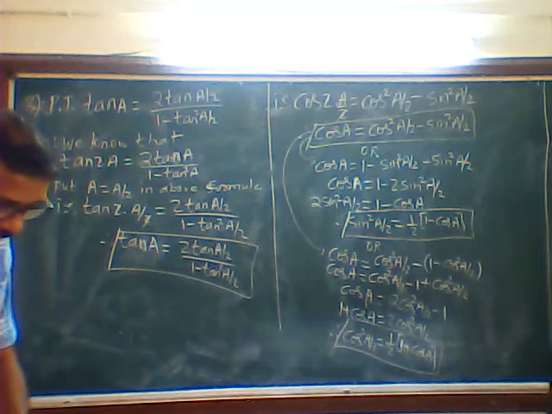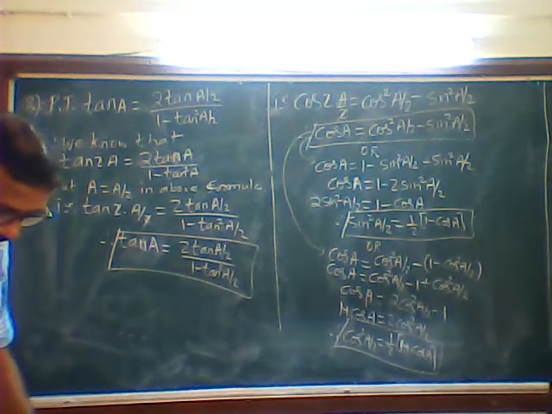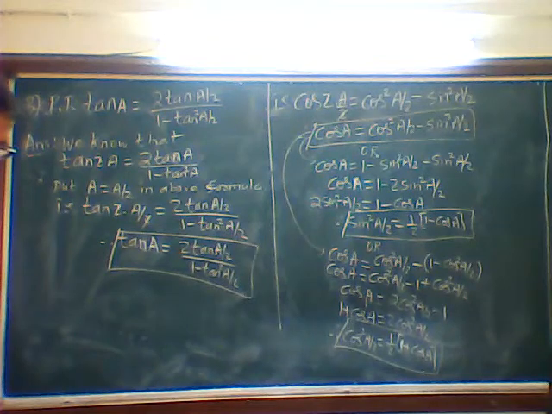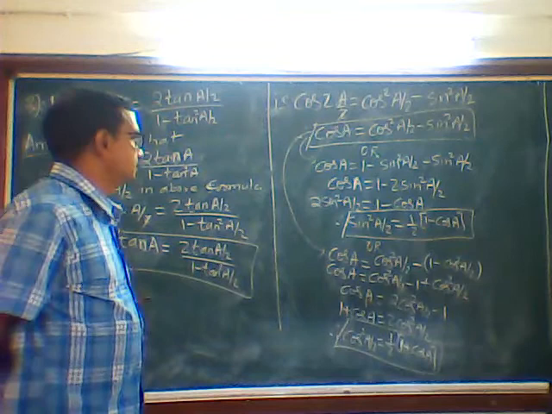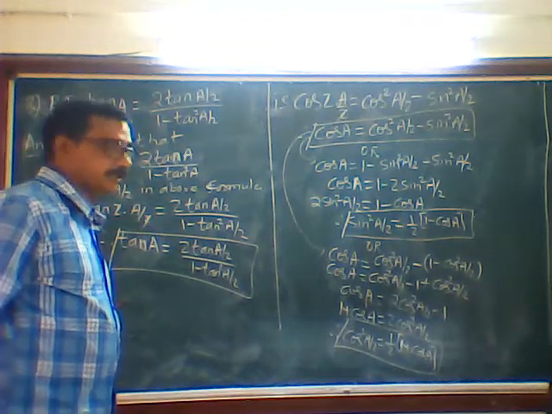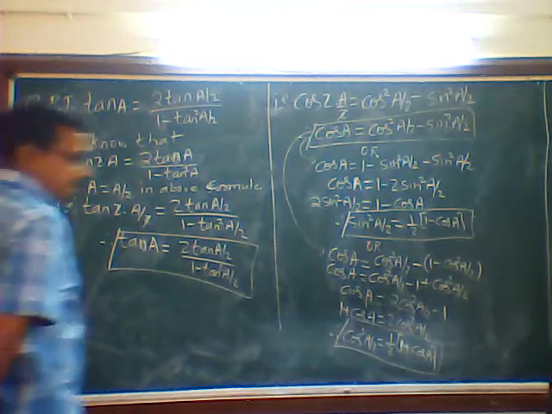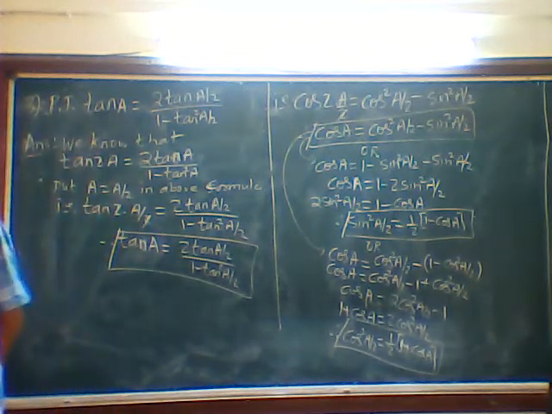Now we will do the exercise. I hope you have understood it. Now we will do the following identities one by one. So totally formulas 6, 9, 10, 11, 12, 13 to 15 I have done in this class.